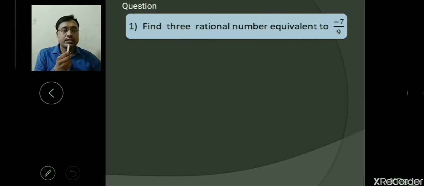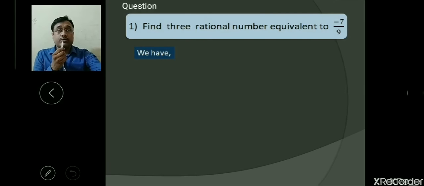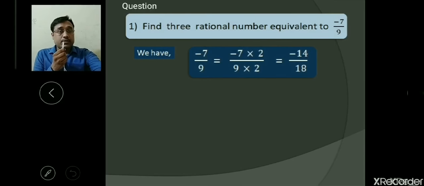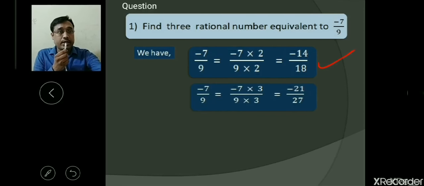Now let's have a look here. Find 3 rational numbers equivalent to minus 7 by 9. How to find equivalent rational numbers? You have to find 3 equivalent rational numbers here, students. So we will solve like this. We have minus 7 by 9. When we multiply the numerator and denominator by 2, you will get minus 14 by 18.